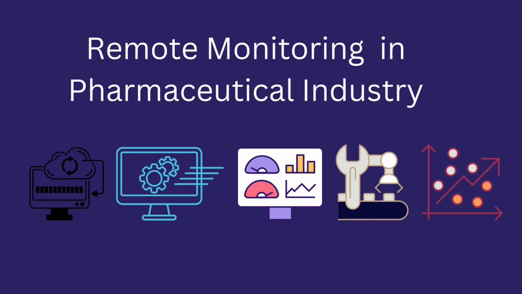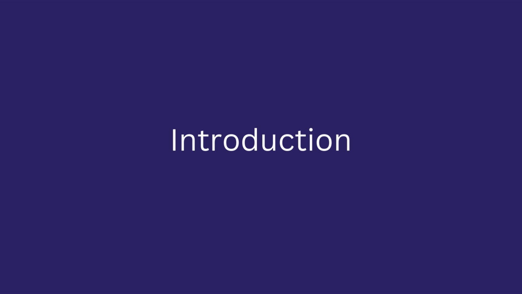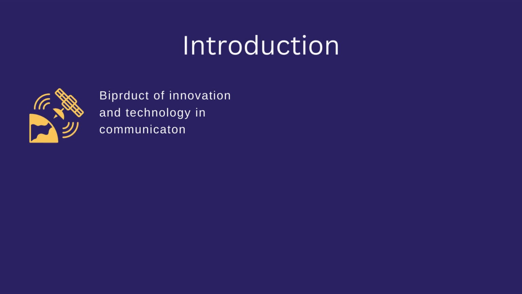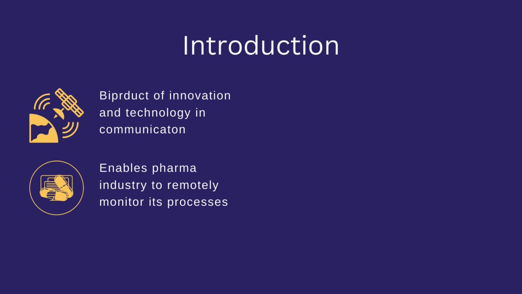Remote monitoring in pharmaceutical industry. Introduction. Remote monitoring in the pharmaceutical industry is the byproduct of new technology and innovation in communication, which is rapidly finding its way and shaping the pharmaceutical landscape. It enables the pharma industry to monitor a system or process without being physically present at the target location and to collect relevant data.